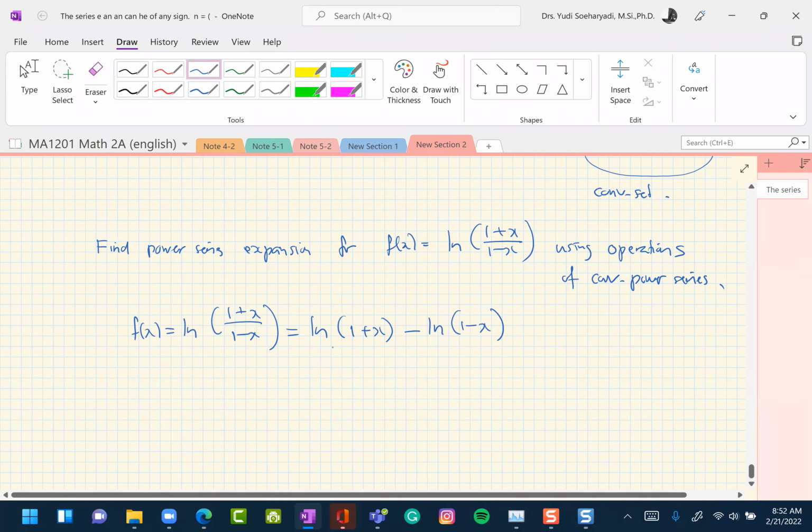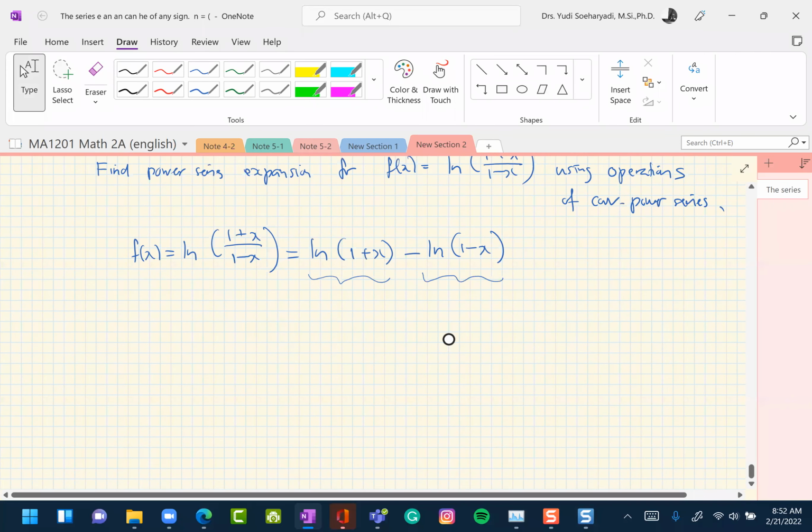So we need to find the series for this one and the series for this one. And how do you get this one? You always start with a geometric series. Okay, so we call this the 1 over 1 plus x.